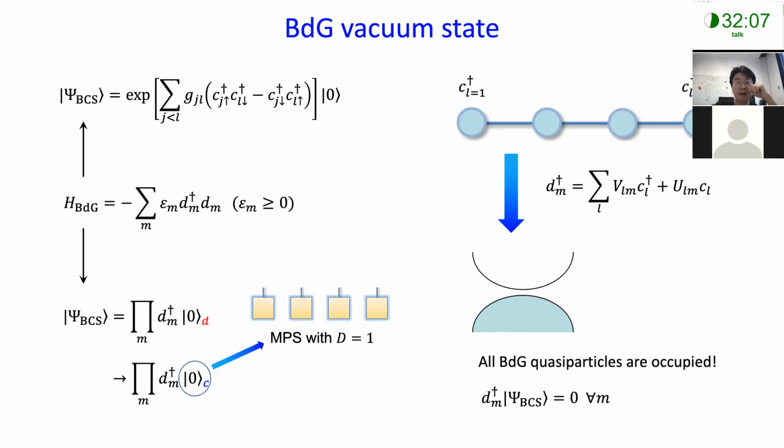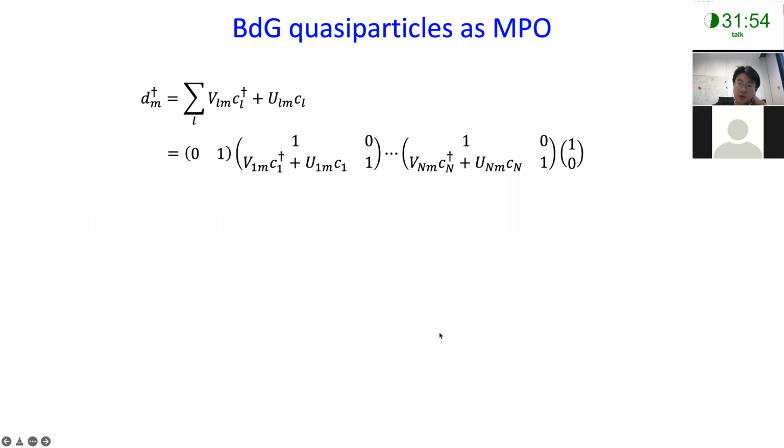Okay. So notice the original vacuum is a product state. So it is an MPS with bond dimension D equal to 1, which can be easily set up. And here we would like to introduce the key idea of the MPO-MPS method. Namely, we rewrite the single Bogoliubov quasi-particle dagger operator as a matrix product operator, MPO.